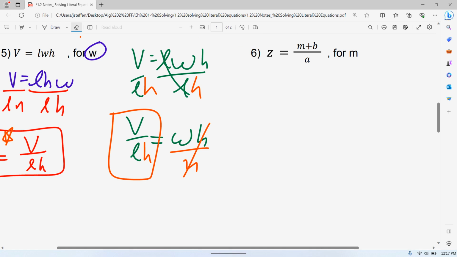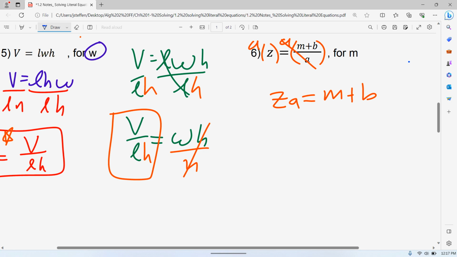And number 6, same thing with this one. We're solving for M. So again, we are dividing by A, or it's a fraction, whichever way you want to look at it. So multiply both sides by A. It doesn't matter if you put AZ or ZA. Doesn't make any difference. I'm going to put ZA. Now we have M plus B is equal to ZA.